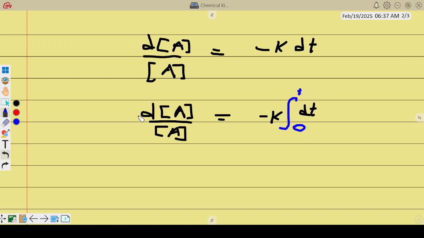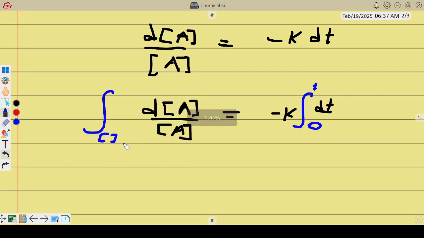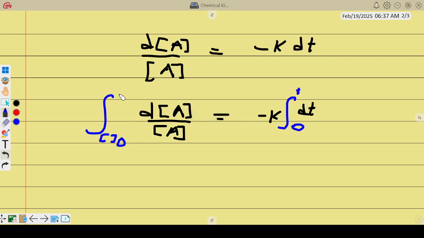So we've just separated this, and then even here we apply the definite integral, from the initial concentration up to the final concentration.